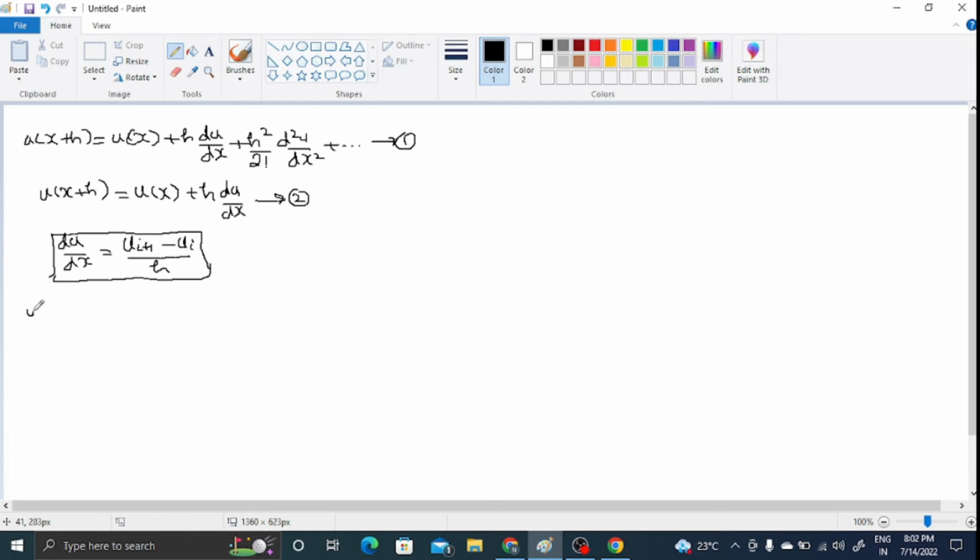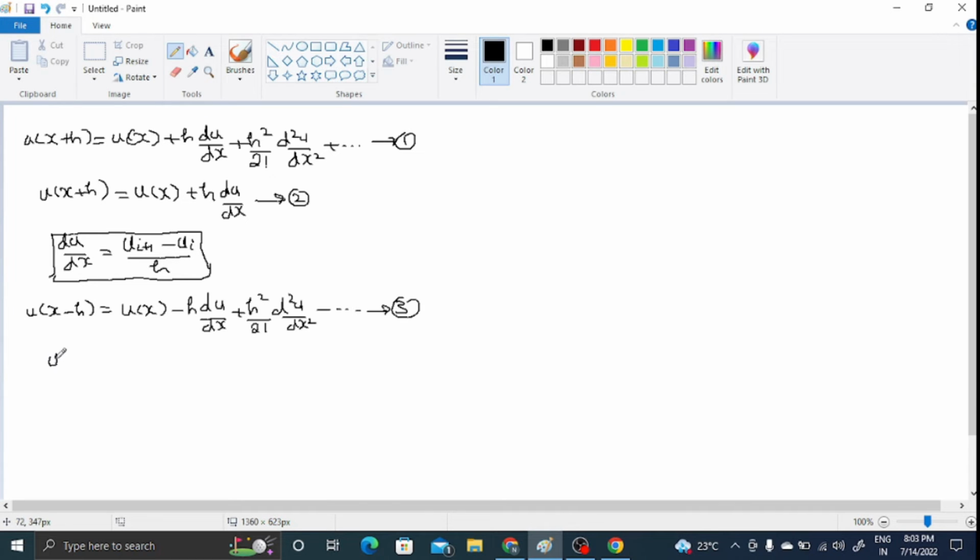Similarly, we expanded u of x minus h, that is equal to u of x minus h into du by dx plus h square by 2 factorial into d square u by dx square minus etc. So this is equation number 3. Now we truncated after this point.